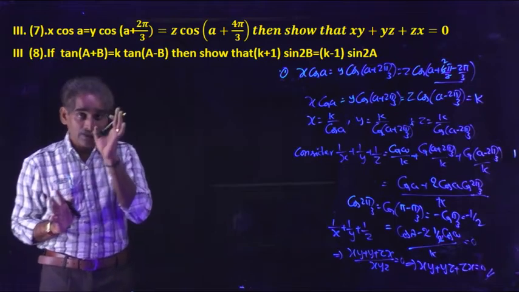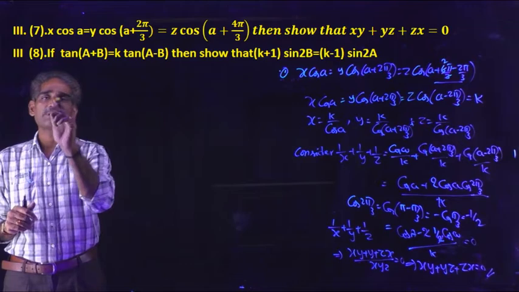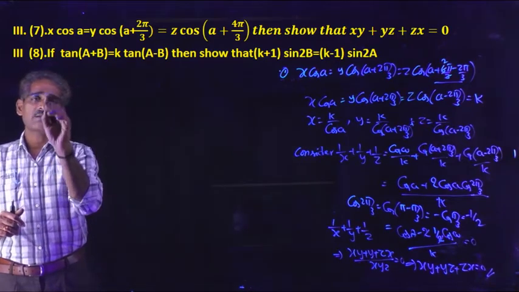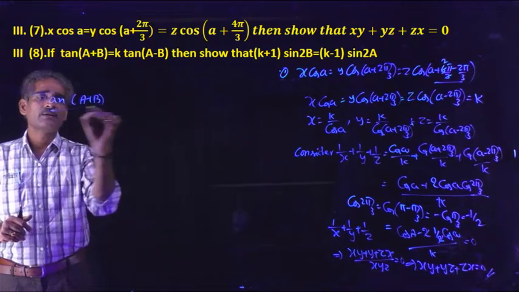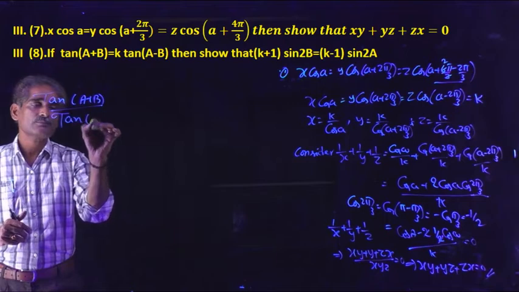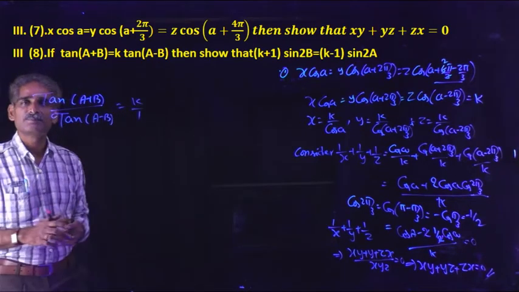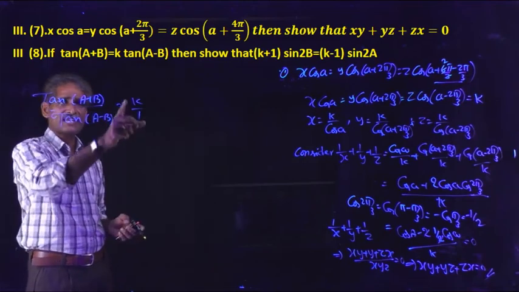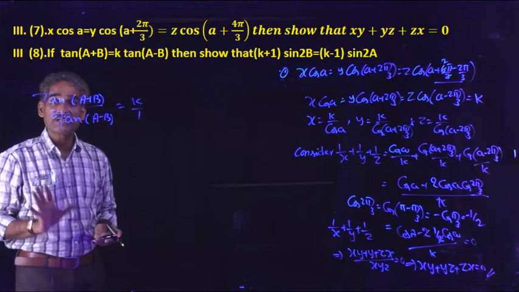So first of all, separate the functions and the constant term. Here you can write tan(a+b) by tan(a-b) is equal to k by 1. Okay, now we have a clear idea. K by 1 is there, but in the answer we require k plus 1 and k minus 1.